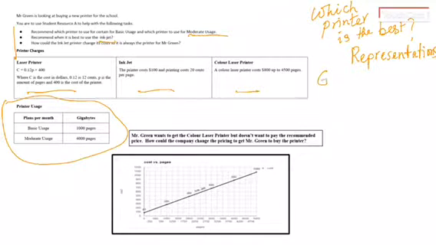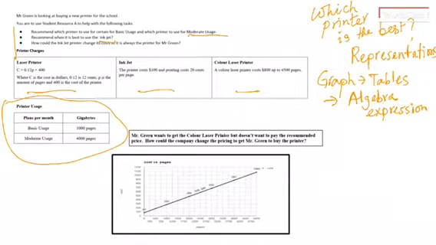Could be graph, could be tables, or it could be algebra statement. We call it algebra, expression, equation, those sort of things.